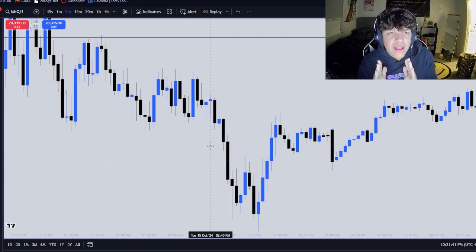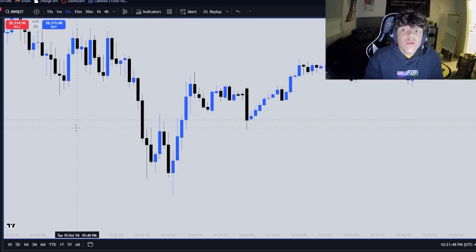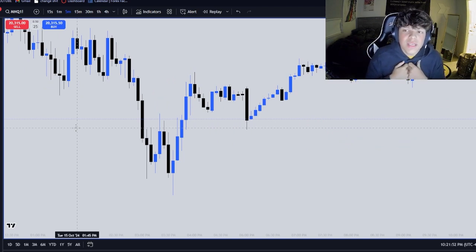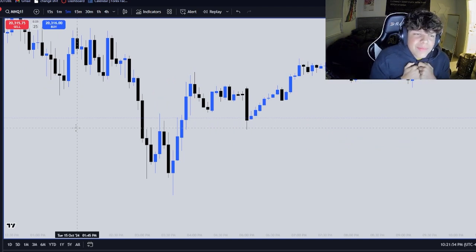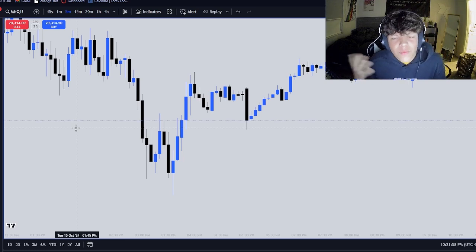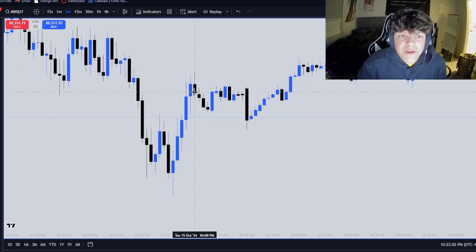I hate using 5 minute fair value gaps. They never seem to work for me. Maybe you have seen it work for you, but for me personally, these fair value gaps just don't work. I've never had luck with them, so I don't recommend using them.